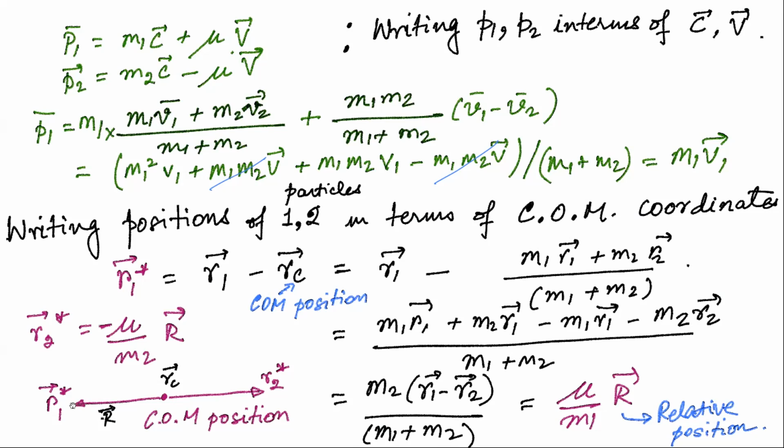So if you are sitting on the center of mass, you're going to see that one of the particles is at a position in the direction R vector away, in magnitude mu by M1, and the other particle is at a position opposite to that, minus R, that is mu by M2 into R. So they are coming straight at each other, approaching the center of mass, right?